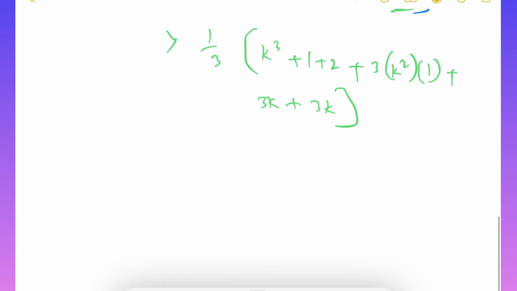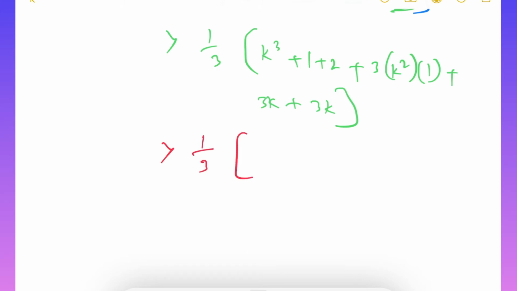Why I am expanding like this is because I am trying to bring in the a plus b whole cube formula, that is a cube plus b cube plus 3a square b plus 3ab square. So now I will simplify further.